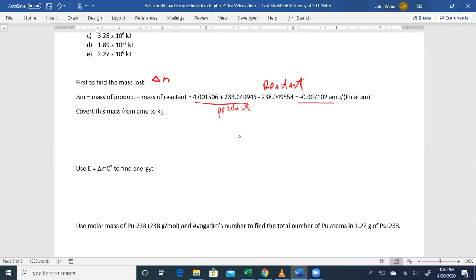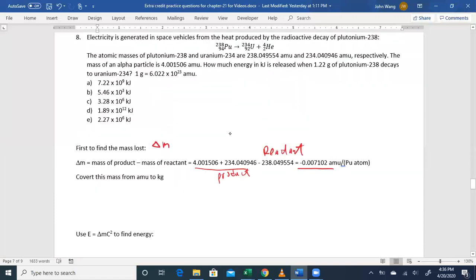This mass loss is converted into energy. So what you do is first use the information we have here between gram and AMU to convert this much AMU per plutonium atom, and that's important because this calculation is based on this equation.